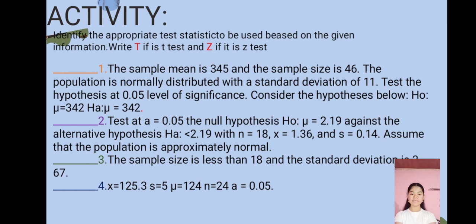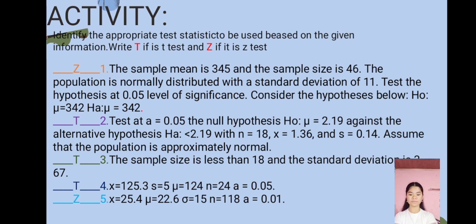Number 5. Sample mean is 25.4, population mean is 22.6, population standard deviation is 15, sample size is 118, and the level of significance is 0.01.